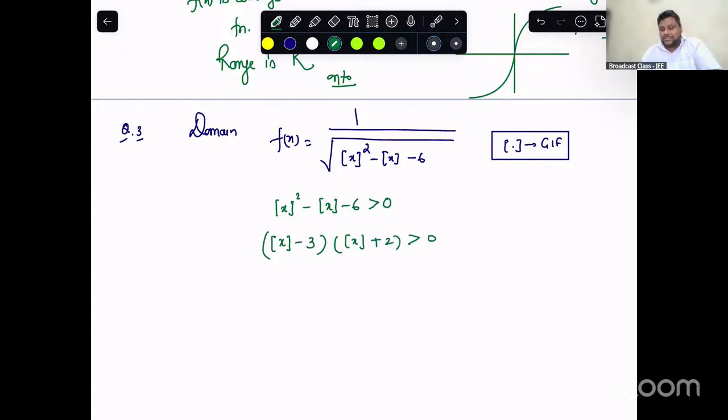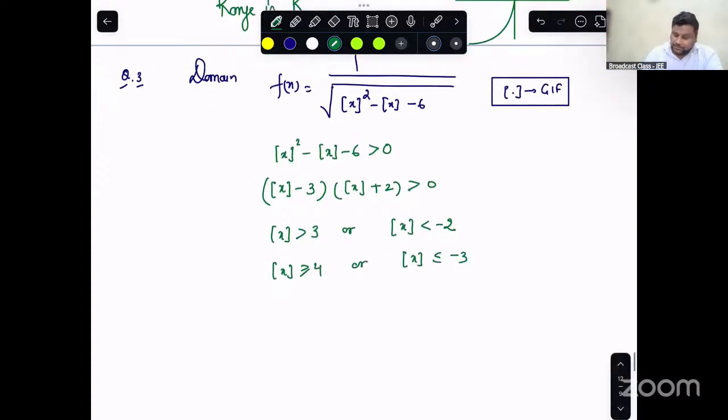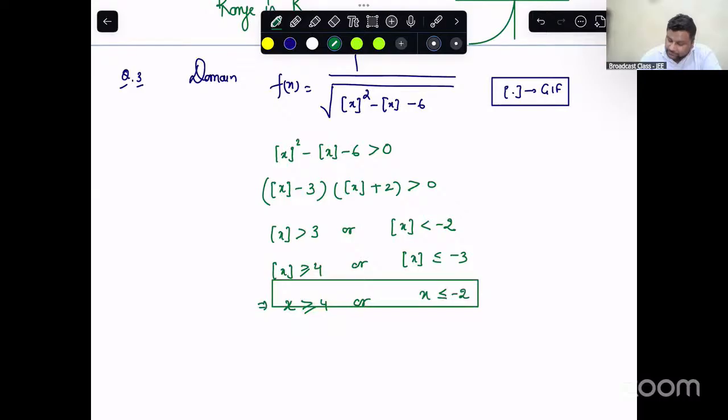Now the values of x that satisfy it are greatest integer x should be more than 3 or greatest integer x should be less than minus 2. I can write it greatest integer x more than or equal to 4, greatest integer x less than or equal to minus 3. So from there you can conclude x should be more than or equal to 4 or x should be less than minus 2. So this is the domain.